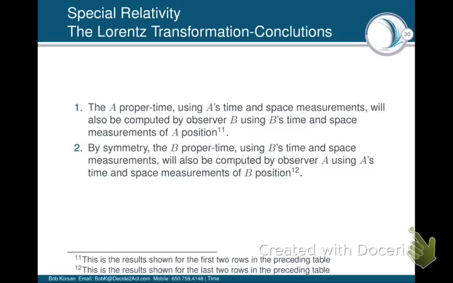And those are the results shown in the last two of the table that we saw preceding.